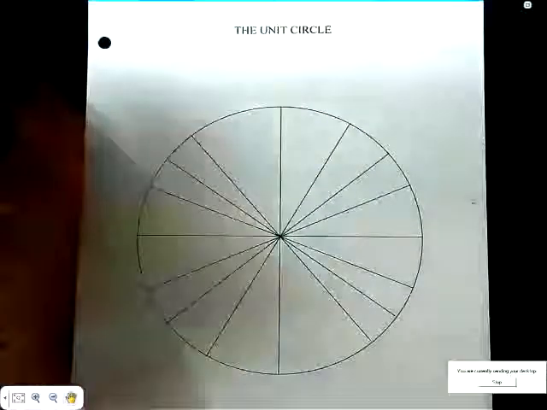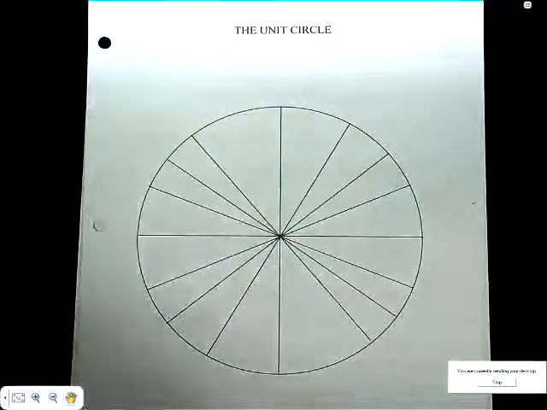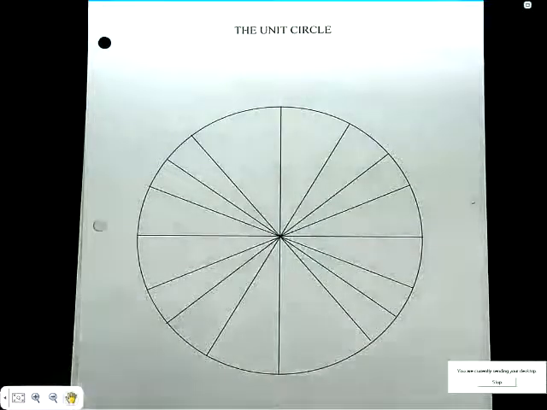Until you get the unit circle so firmly stuck in your head that you see it in your sleep, I would probably print off a few copies of this and practice filling it out once a day. On the test, you can't bring in a unit circle that you've already filled out, and I'm hoping that you won't have to fill out the complete unit circle to do what you need to do on this test. We'll talk about why you don't need to fill out the complete unit circle later.